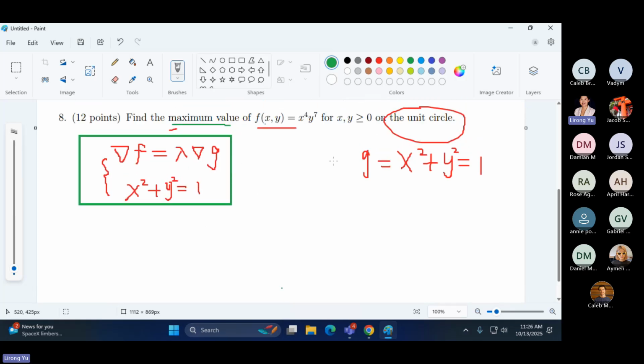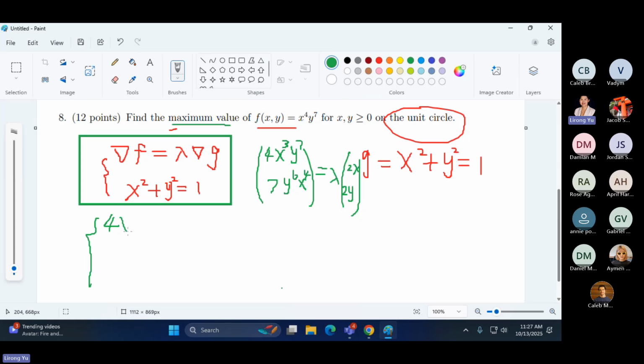The gradient of f is, okay, so we find the derivative in x, that would be 4x cubed y to the power 7. And then the derivative in y would be 7y to the power 6, and we still have to multiply by x to the 4th. It equals lambda times the gradient of g, that would be 2x, 2y. So there's a relation between the gradients. So we change the system of equations to a more specific relation.